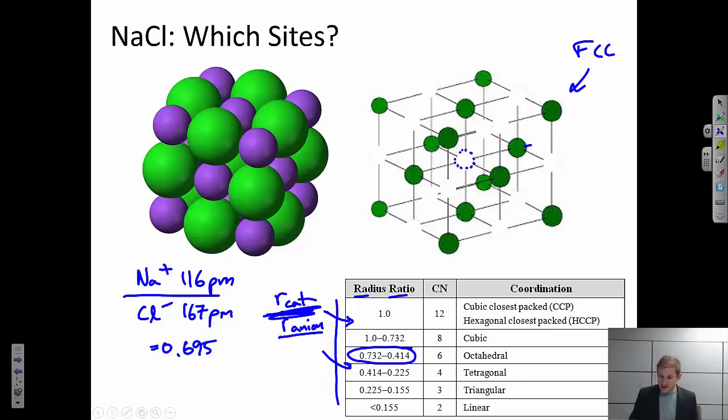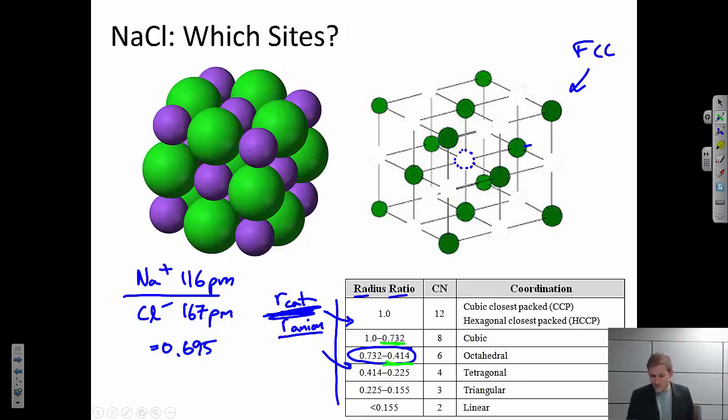What that means is that the cation, sodium, is a little bit bigger than the size of the octahedral hole, but a little bit smaller than the next available site. The next one would be a cubic site, and the size of that available site is 0.732 times the radius of the anion.